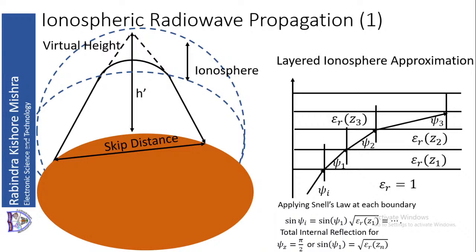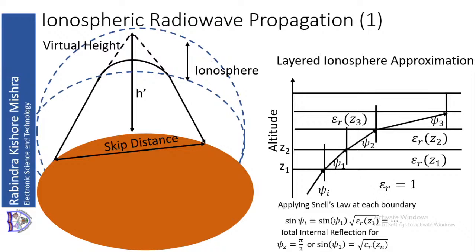From the earth surface, let us go up to a height of Z1, in the Z direction, an altitude of Z1. From Z1 up to Z2, the density remains constant. If the density remains constant in that layer of the ionosphere, the dielectric constant will be epsilon r Z1.